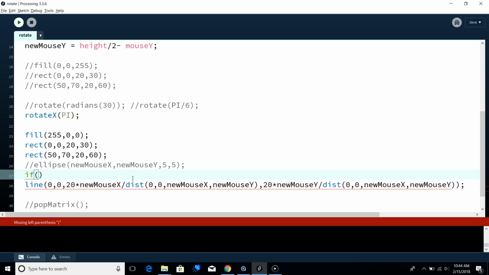So we need to, like, if what? Yeah, I need new mouse x is not equal to 0 or new mouse y is not equal to 0.